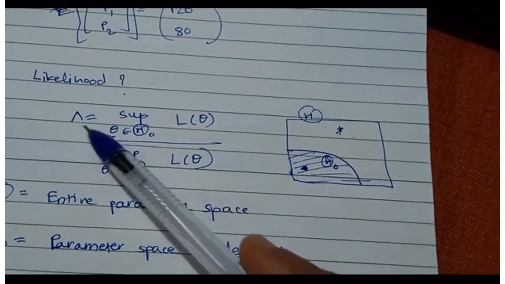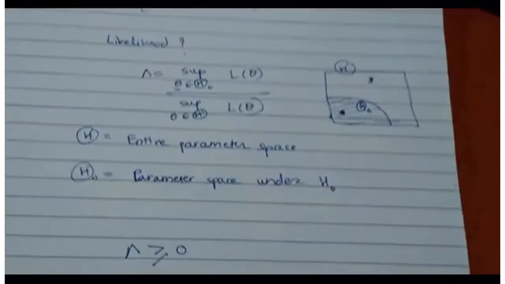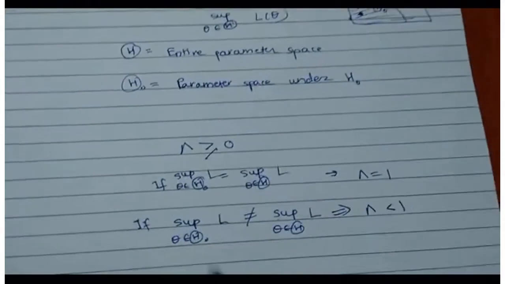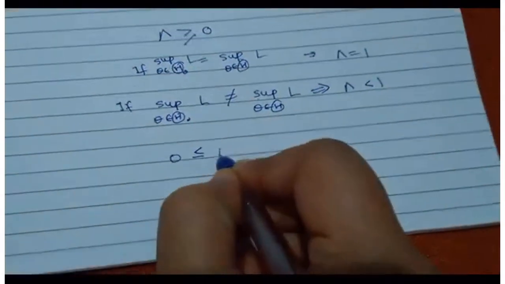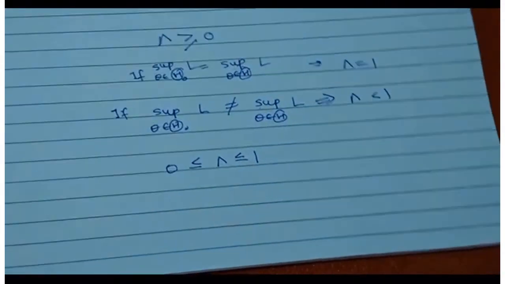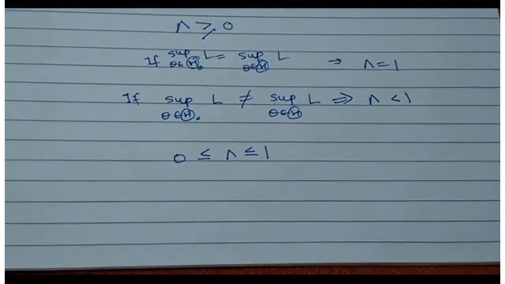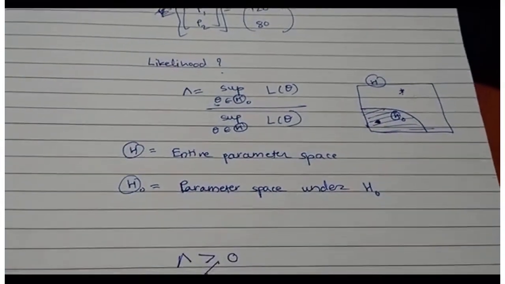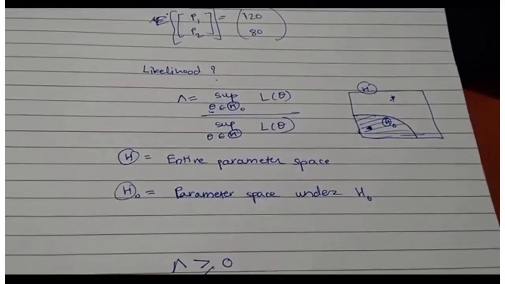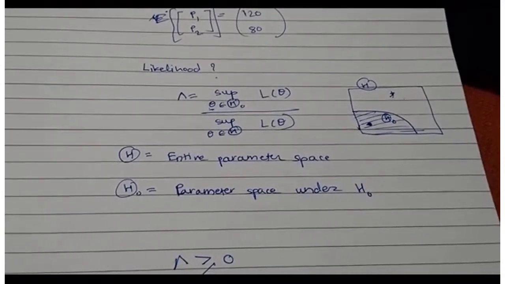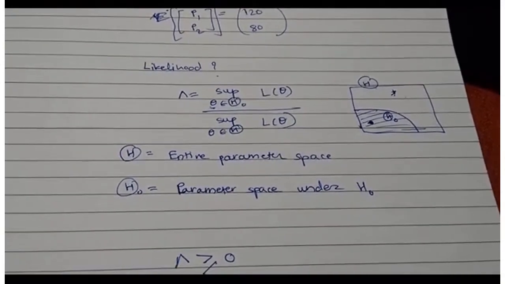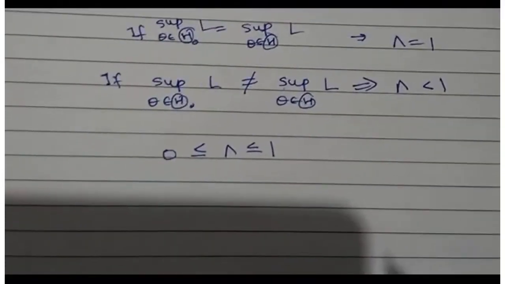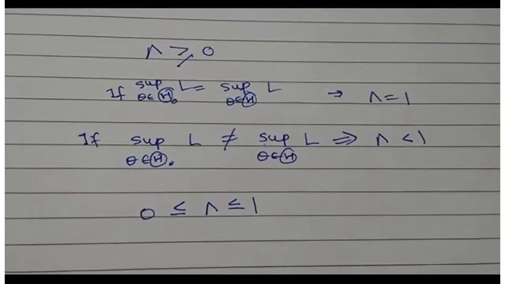As a result, my lambda will always be less than 1. Hence, in general, my lambda is always between 0 and 1. It can never exceed 1. Therefore, in the likelihood ratio, when the numerator parameter space is nested under the denominator parameter space, lambda is always between 0 and 1.